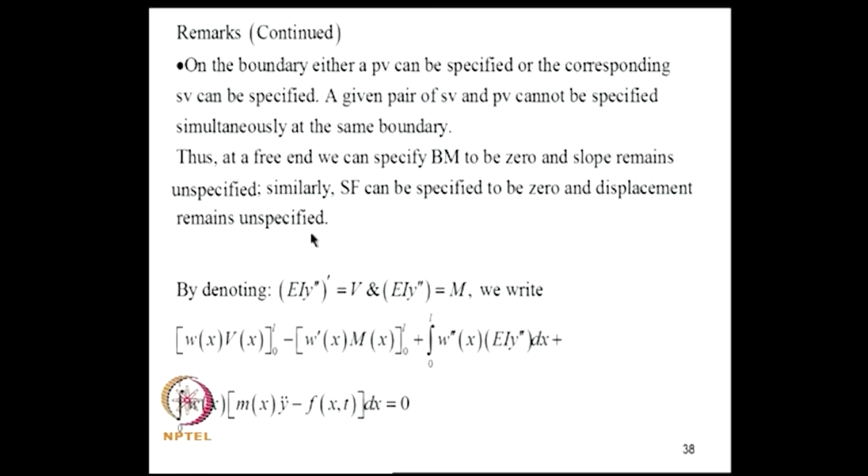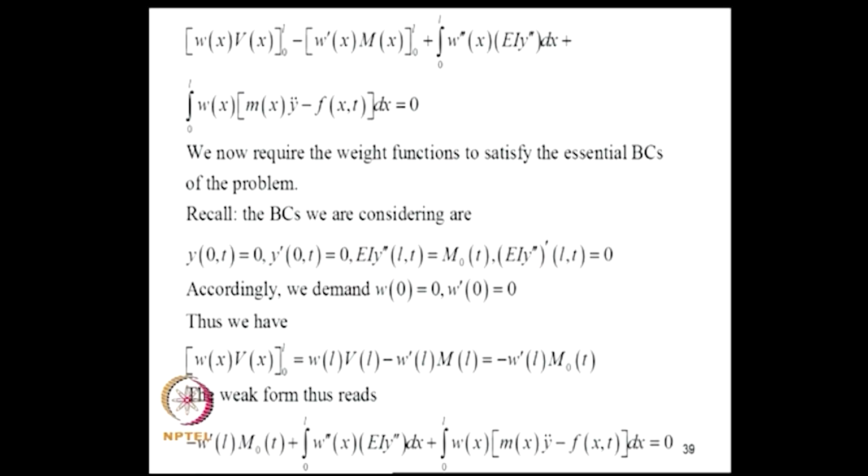Okay. So, now we use some notation: EI y''' as V, which is shear force, EI y'' as M. We write the weak form in this way. So, the weak form statement is this. Now, we require the weight functions to satisfy the essential boundary conditions of the problem.